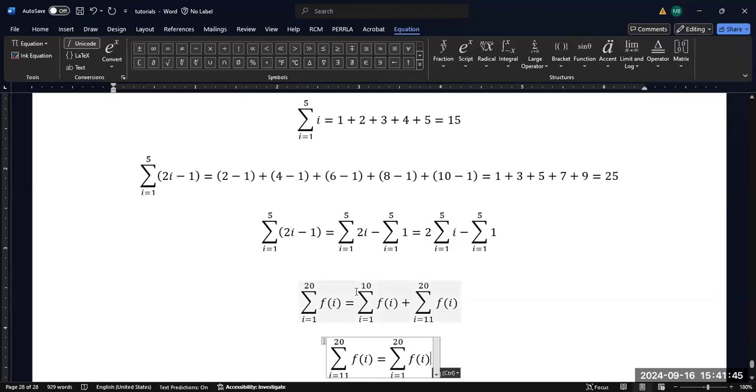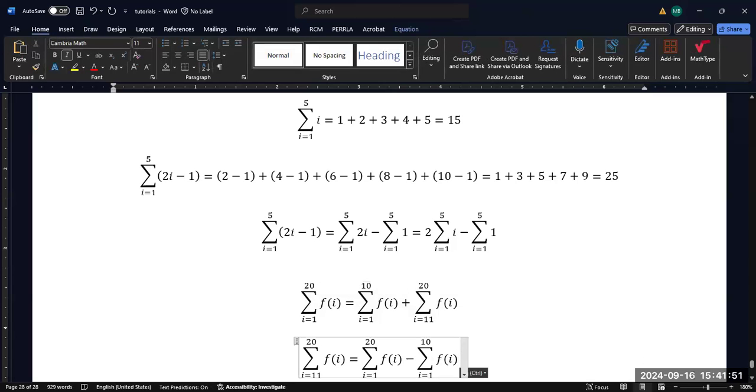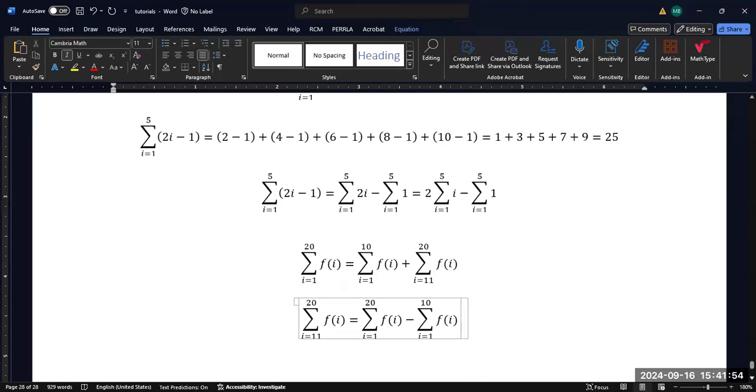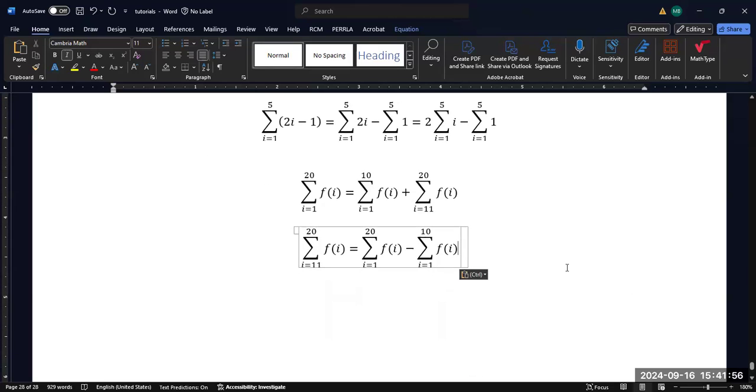Sometimes this can be very useful because I may want to start at a value other than 1, but typically the formulas that we have, covered in another video, for doing these without literally adding up every single term, all start at 1.